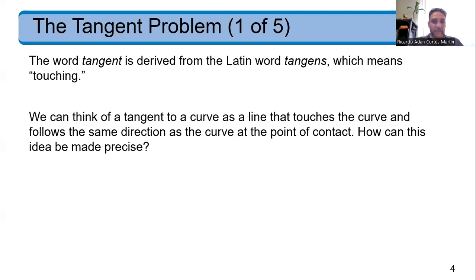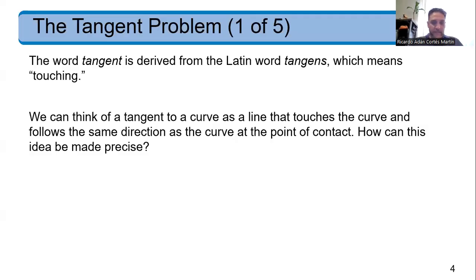Tangent comes from Latin, from tangens, that means to touch. So you can imagine a line that barely touches a certain curve and then goes on its own way.